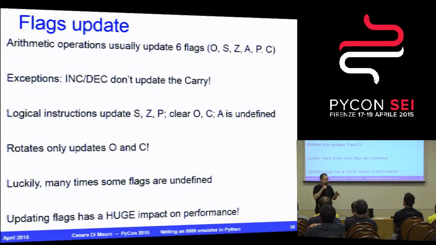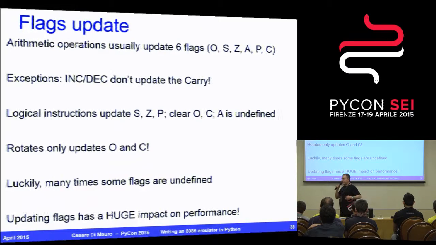There are several scenarios for that. The usual arithmetic operations update all 6 user flags. But there are exceptions also. Some logical instructions update only some flags. The rotates, for example, are a very special case which updates only the overflow and carry flags, and keeps all the others the same. Fortunately, some instructions just don't define the content for some flags.